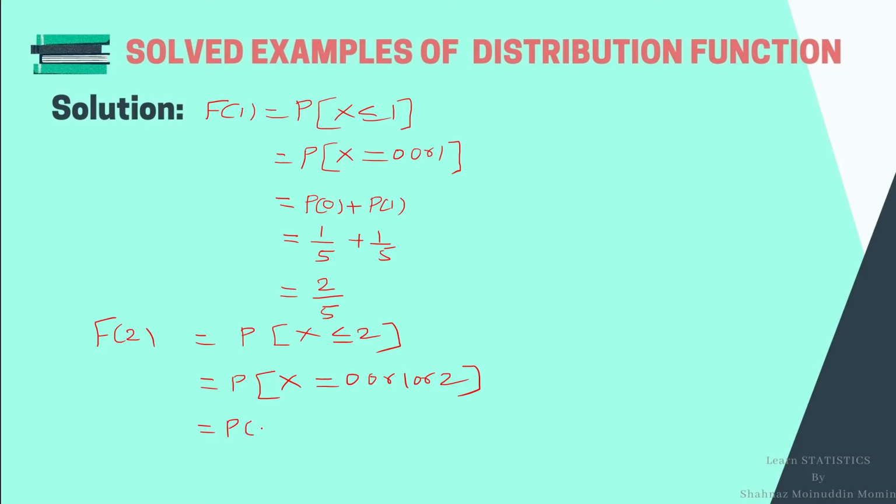By adding all these probabilities, we get the value of CDF at x equal to 2. Since all these values are 1 by 5, therefore F2 is 3 upon 5.